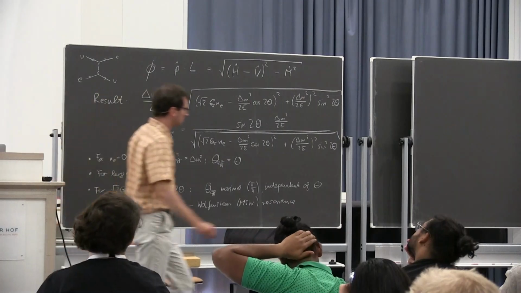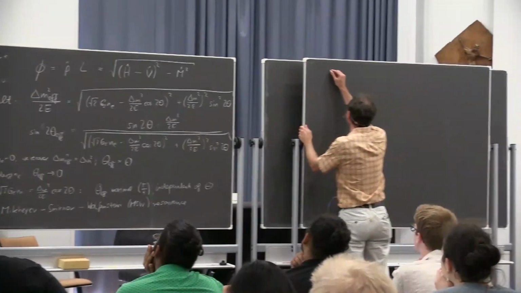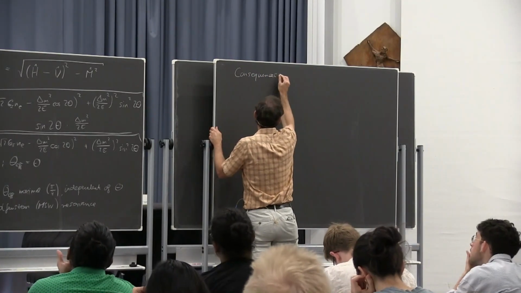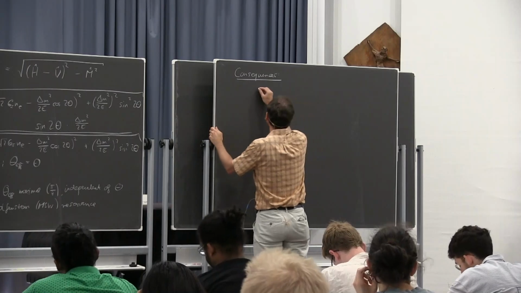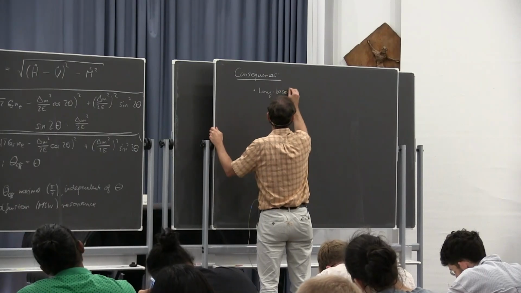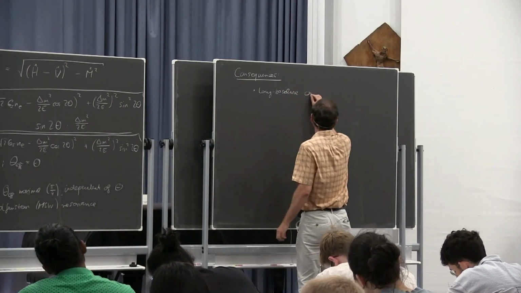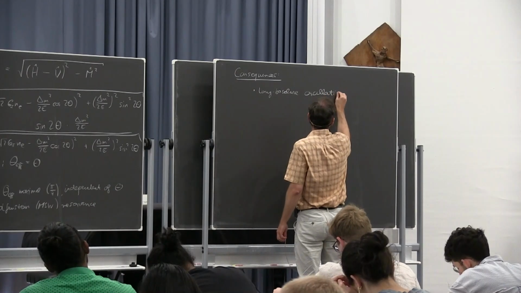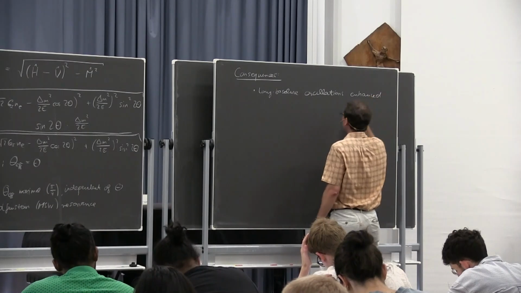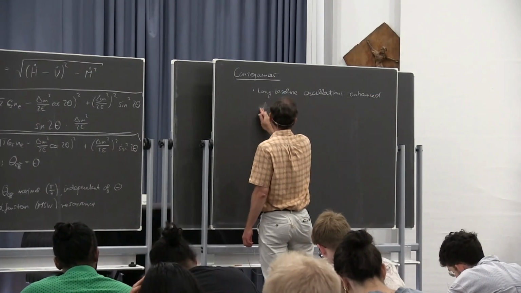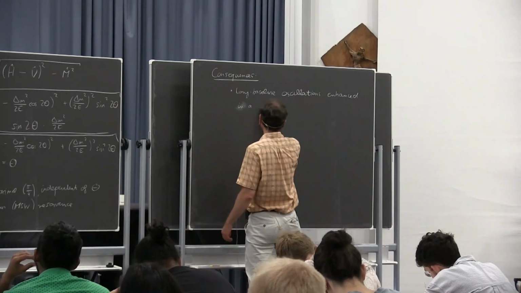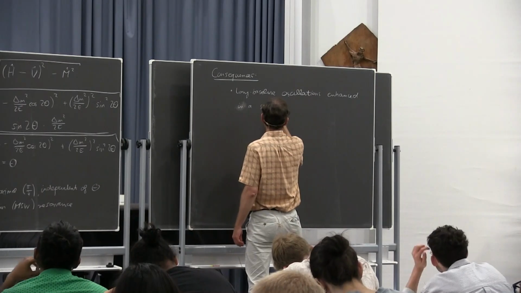So I'm just going to write down a short comment on these consequences. Consequences: long baseline oscillations enhanced at specific energy. Or let's say in a specific energy range, because for the parameters in the standard model, the resonance is relatively broad.